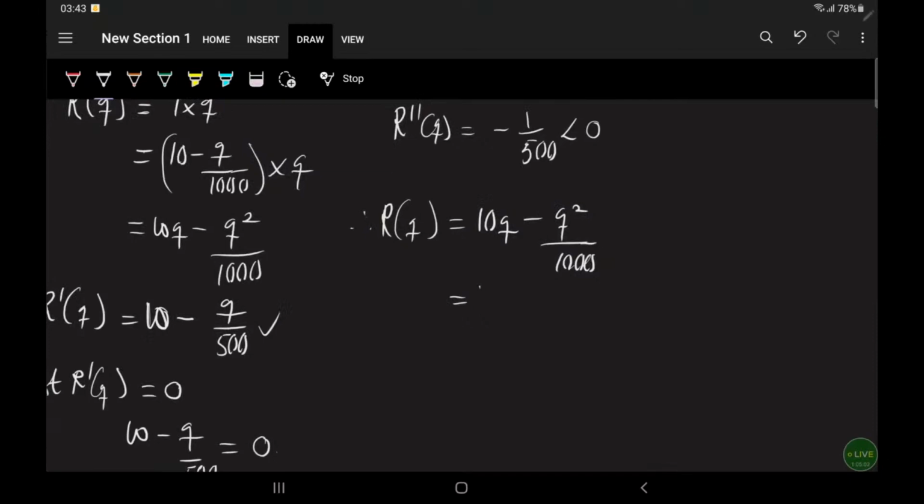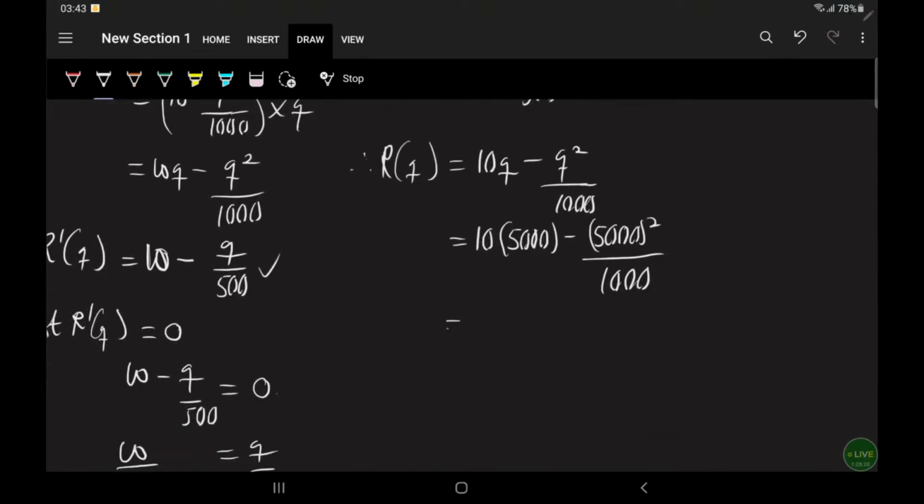So it's going to be 10 into bracket 5,000, is that okay, minus 5,000 all squared, and then divided by 1,000, is that okay?